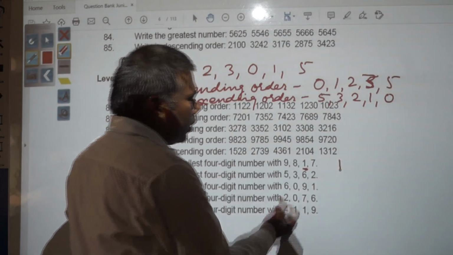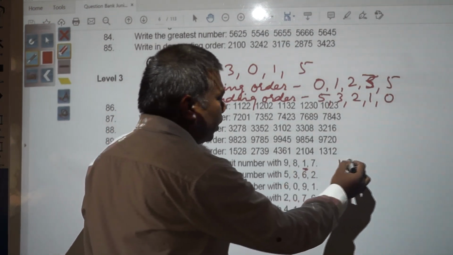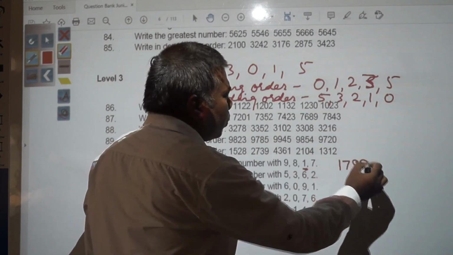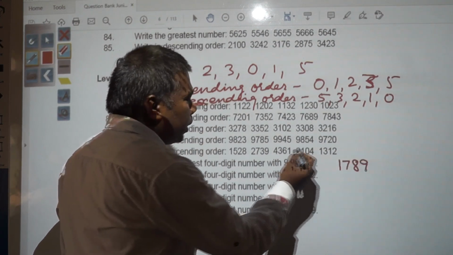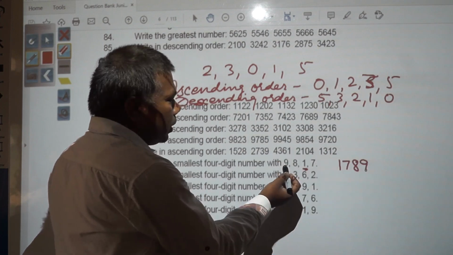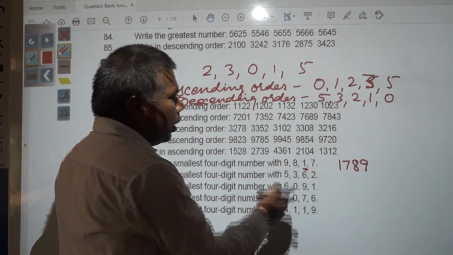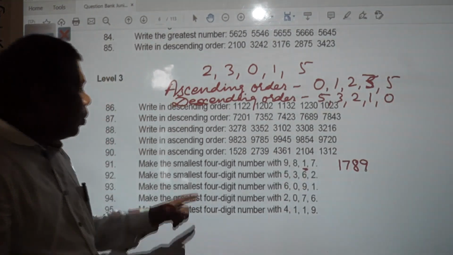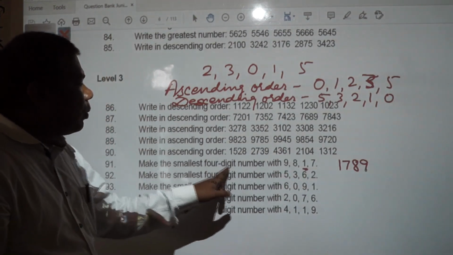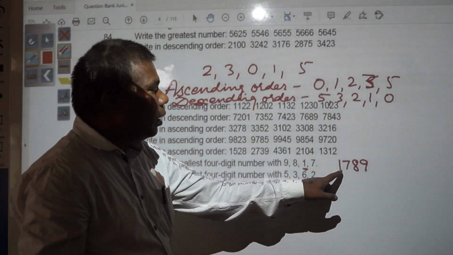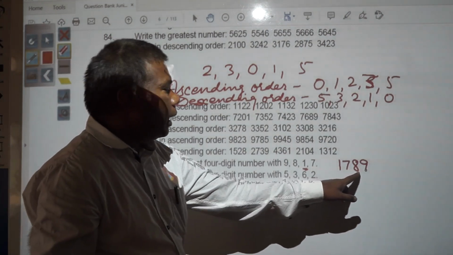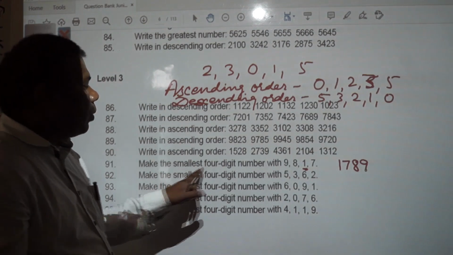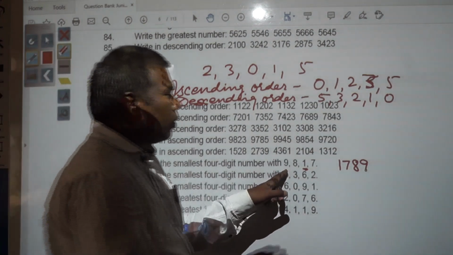So 1 you write, then you have 7, then 8, and then 9. With these numbers 9, 8, 1, 7, if you want to form the smallest 4-digit number, your number will be 1789.